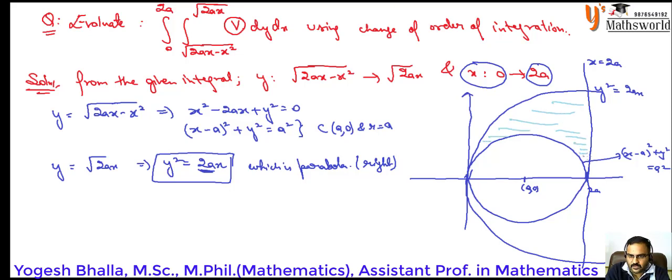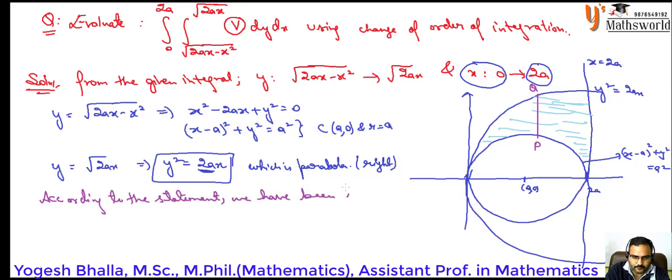Now since they have given the y value, that means they have considered the vertical strip. So I draw a vertical strip according to the statement. PQ will be the vertical strip. According to the statement, we have been provided with a vertical strip.